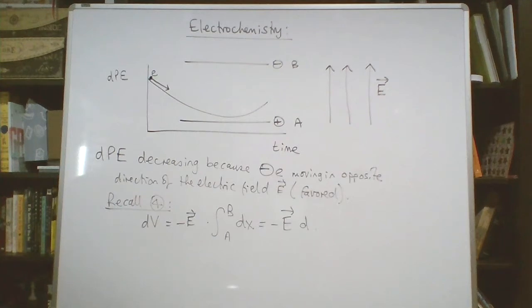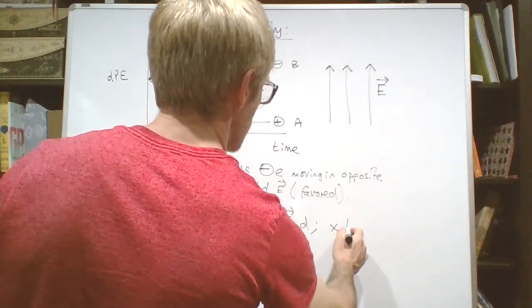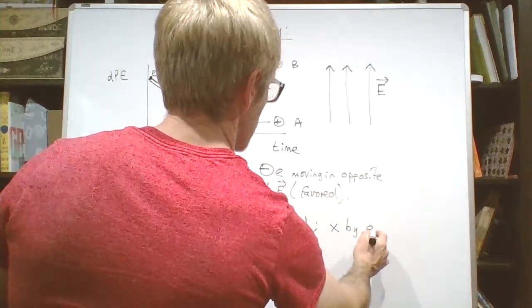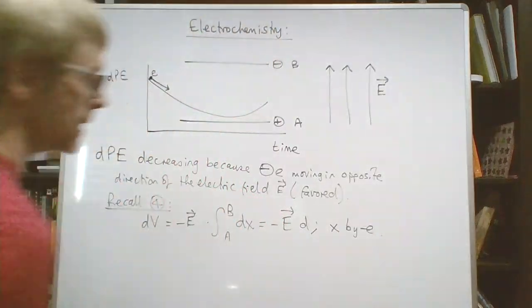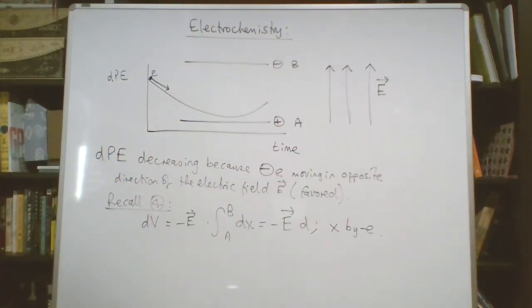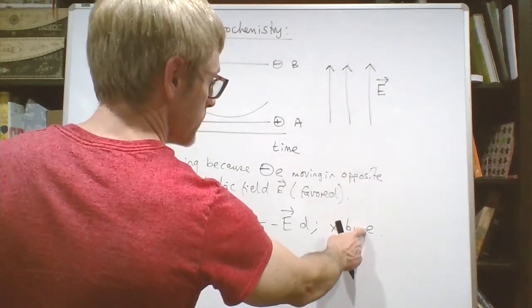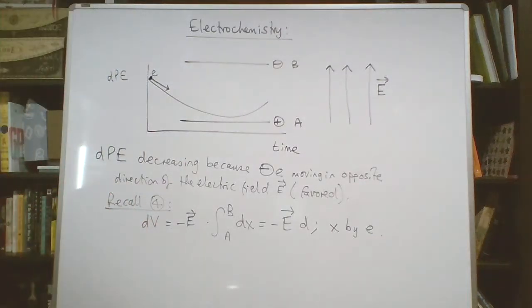So if we multiply through by the charge on the electron now, so multiplied by E, essentially we're going to do that to make this force. Sorry, not minus E, just regular E. It's the charge that's minus, not the fact that it's a minus object.